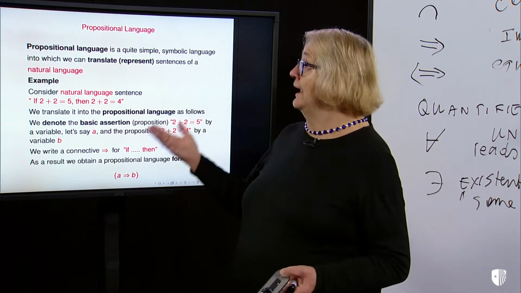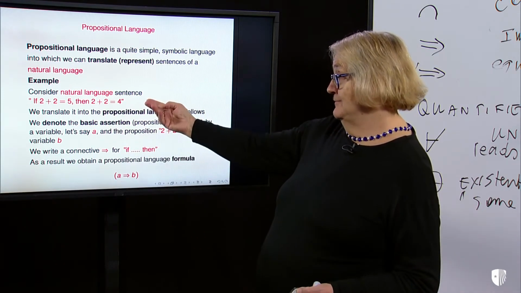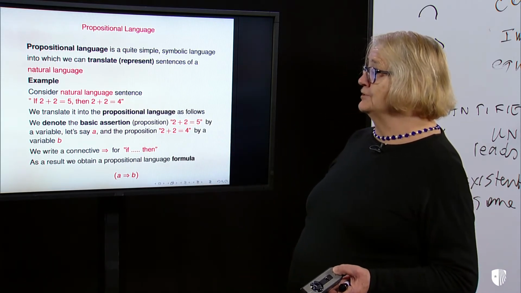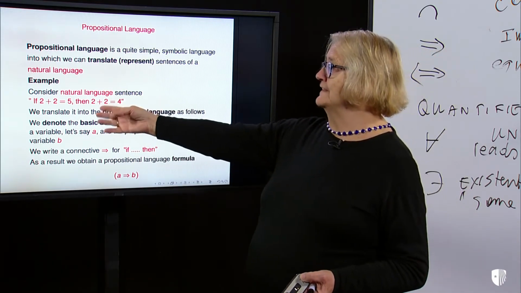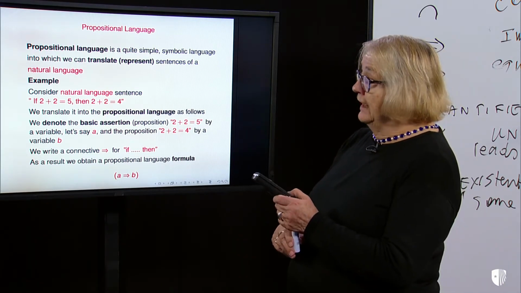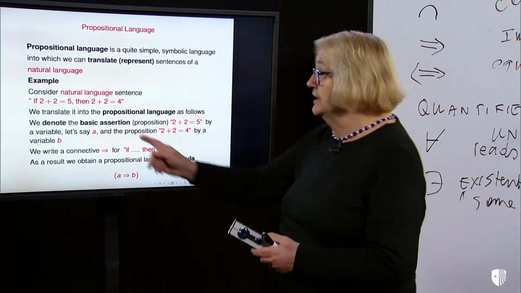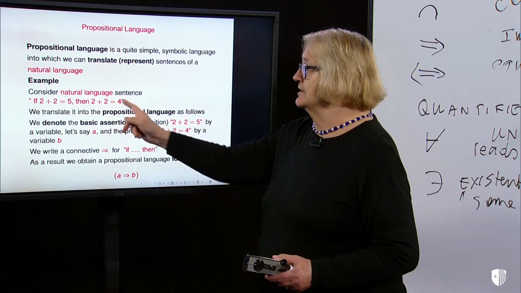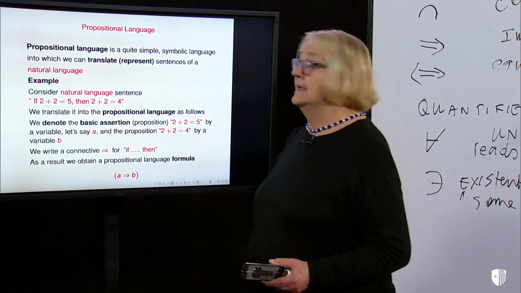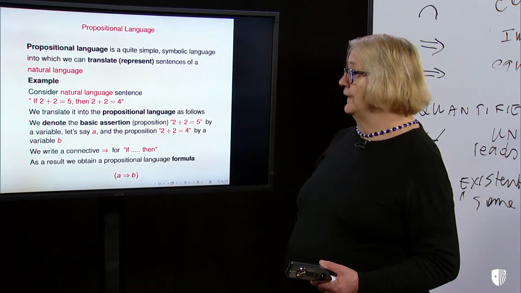For example, you have a natural language which uses some mathematical symbols: if 2 plus 2 equals 5, then... So what you do, you see first which are our basic assertions. That is our basic assertion. And "if... then" is our implication. So you have a symbol for that.